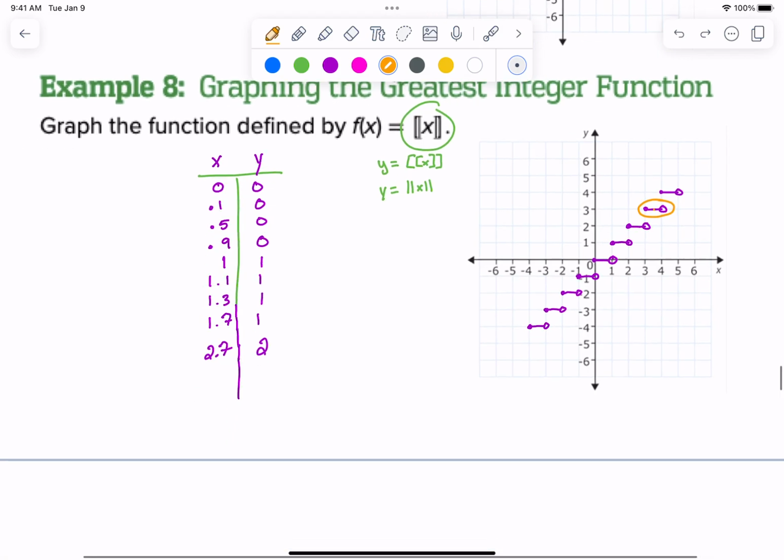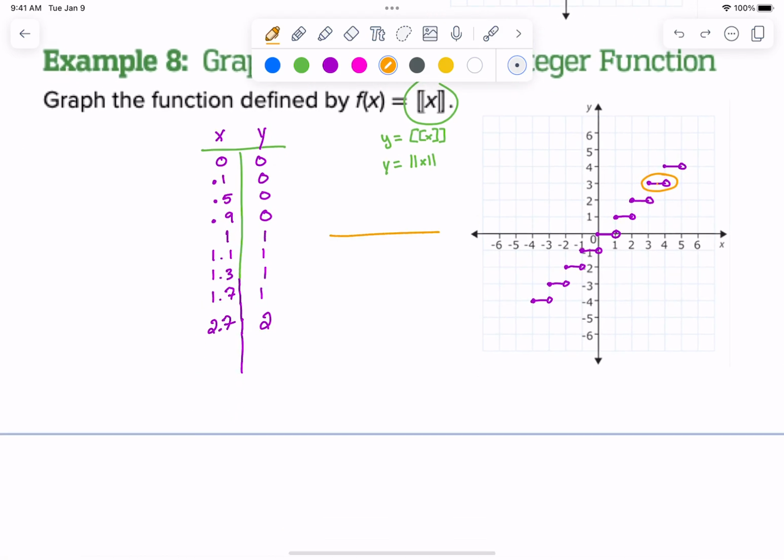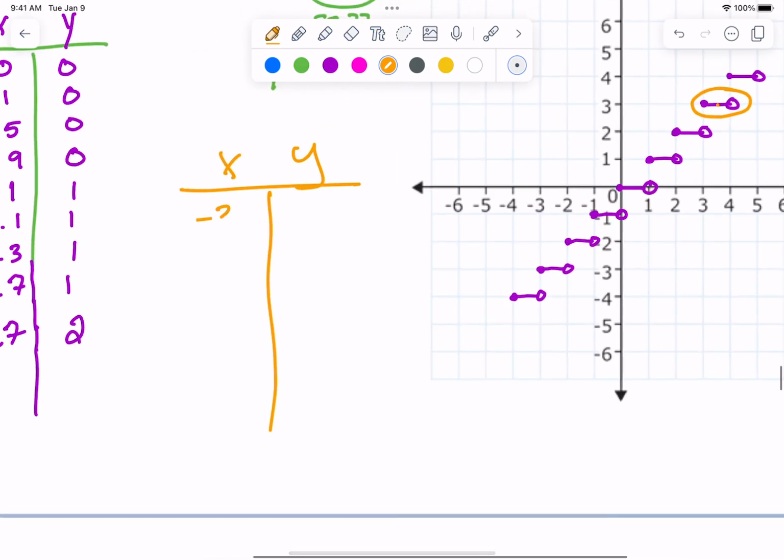Now here's the tricky part. I'll do a separate table. X and Y, ready? Negative 3.2. What does he go to? You round him down. What's down from negative 3.2? Negative 4. He rounds down to negative 4. Does that make sense?